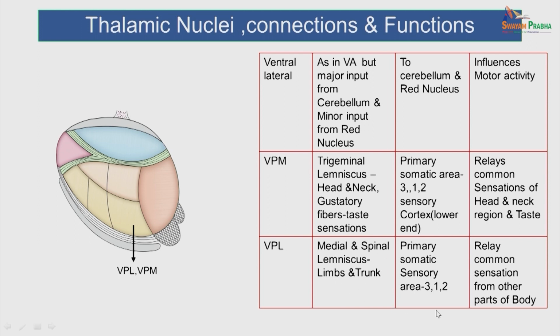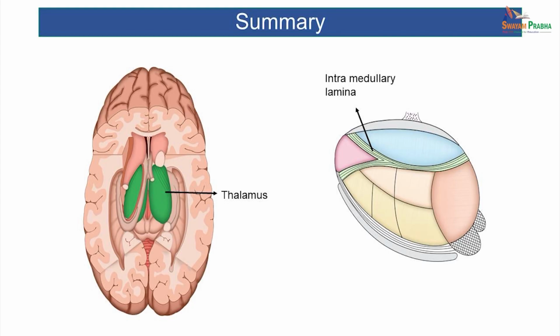All these sensations are carried, the efferents to area number 3, 1, 2, the primary somatic sensory area in the cerebral cortex. So, it is a common sensation of all the other modalities from the different parts of the body. So, this, with a brief summary of what has been done till now, is the thalamus.